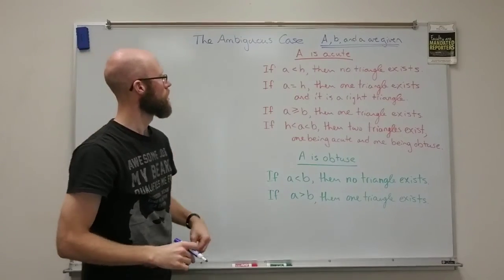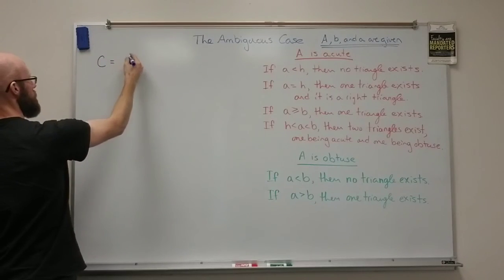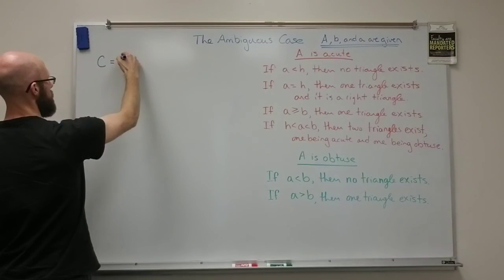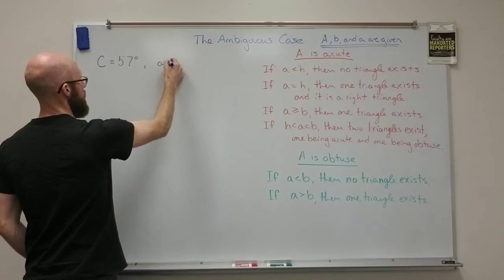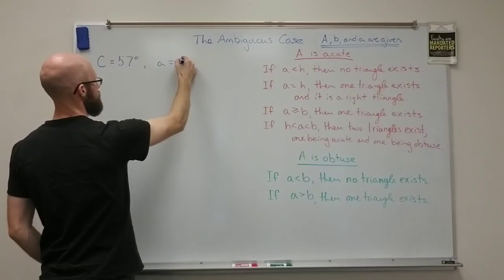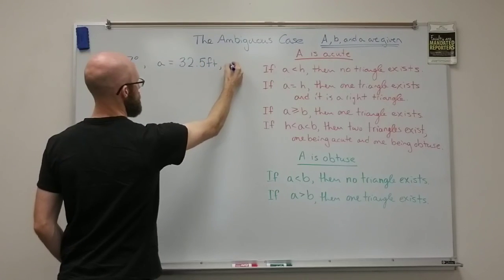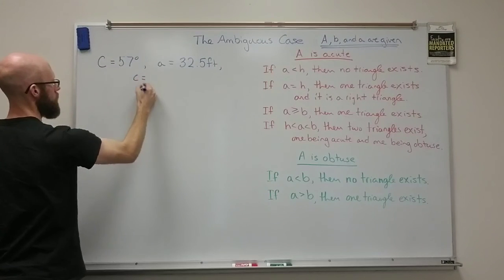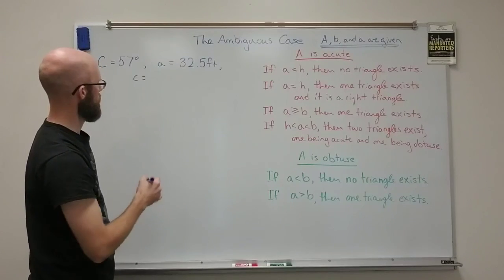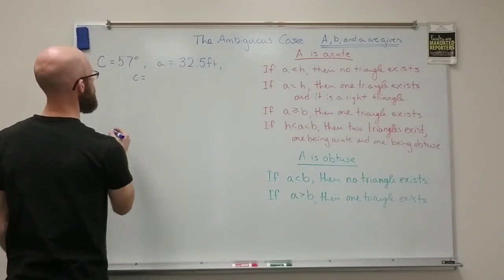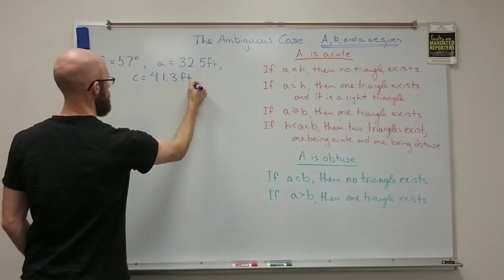So for instance, let's say big C is 57 degrees, little a is 32.5 feet, and little c is 41.3 feet.